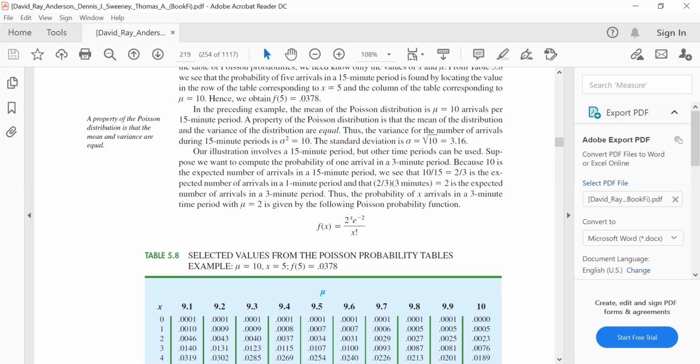That is, f of x is equal to 2 power x e power minus 2 divided by x factorial.